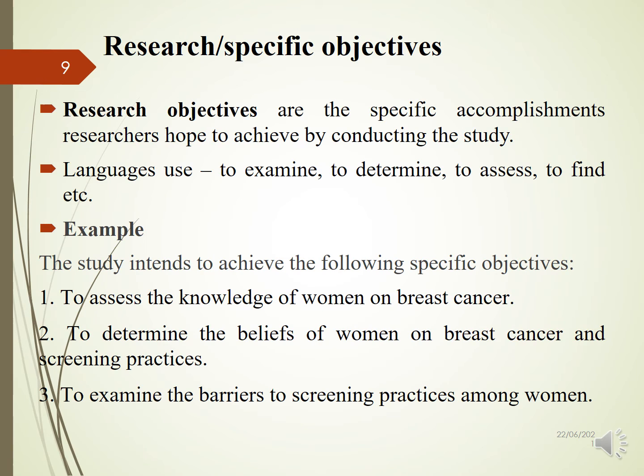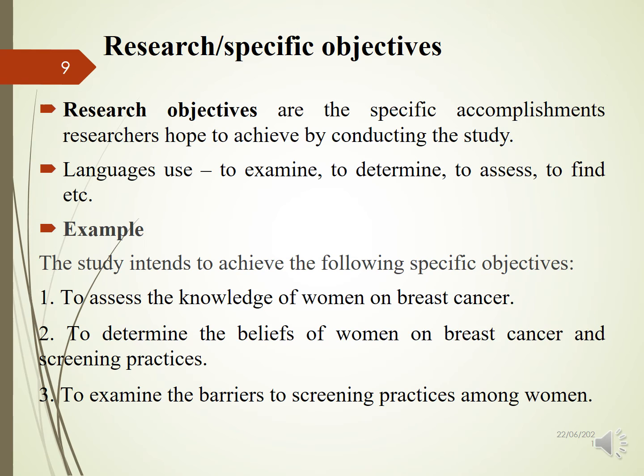So the next stage is for you to write your research objectives or specific objectives. What are research objectives or specific objectives? These are specific accomplishments researchers hope to achieve by conducting the study. So for example, let's write the research objectives on our topic of discussion.